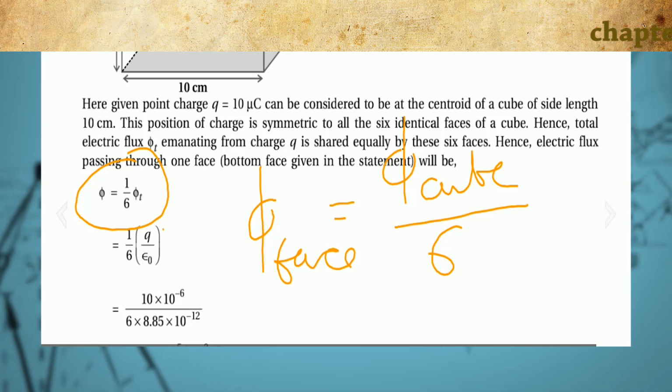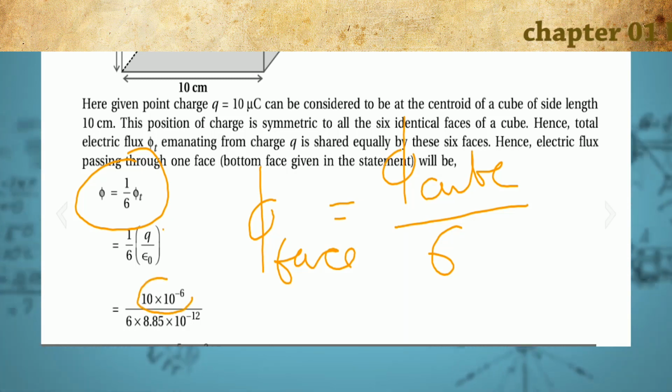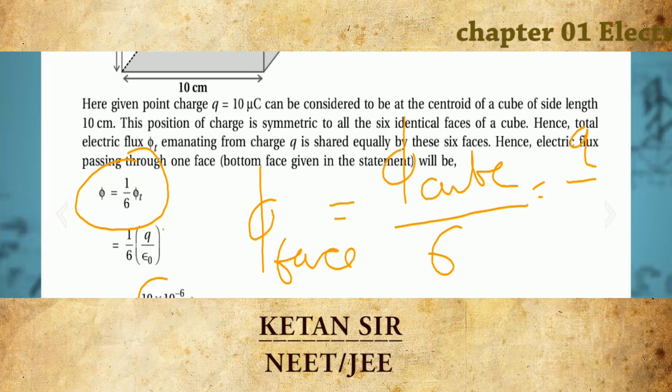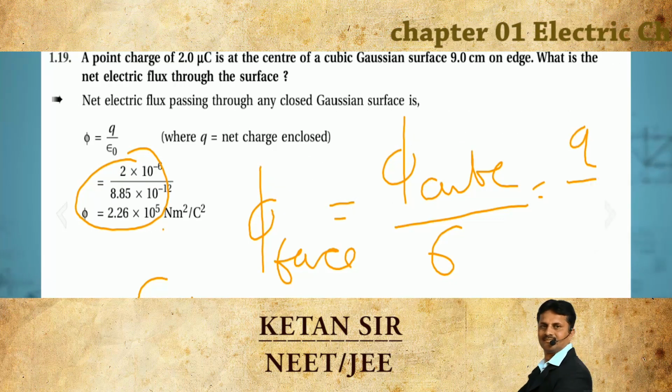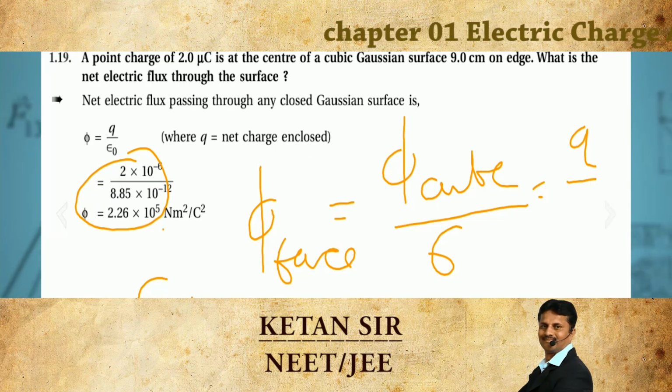Then q is given to you. Phi of cube is q by epsilon 0.